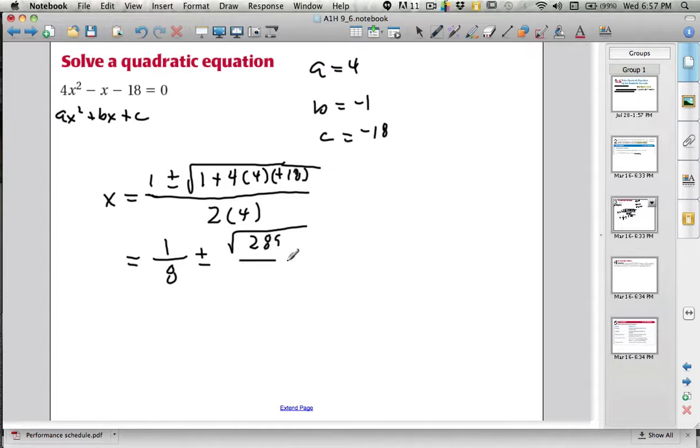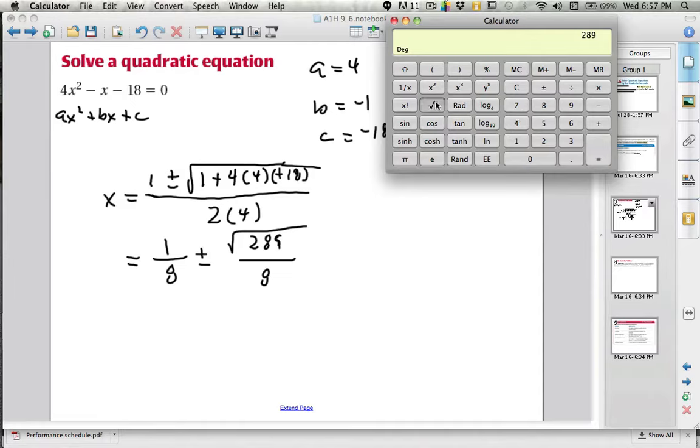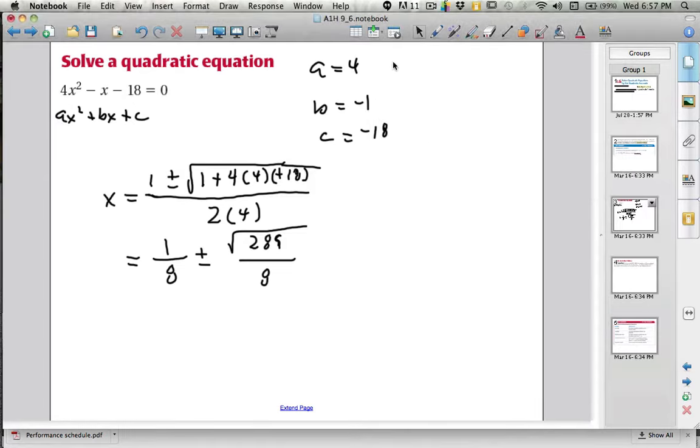289 over 8. And I would want to go through and figure out, hey, is 289 a perfect square? I don't know. Let's see. Yeah, it is. It's the square of 17. All right, so that's going to be 17 over 8. So I'll have 1 over 8 plus or minus 17 over 8.